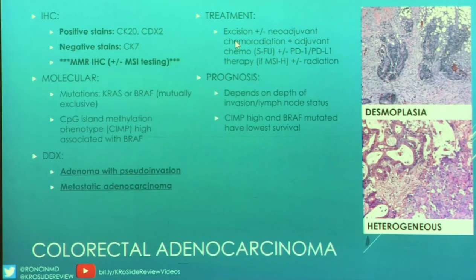And then obviously we have desmoplasia, and the heterogeneity is shown on the top left, where we have better differentiation, and then towards the bottom right it's more poorly differentiated.